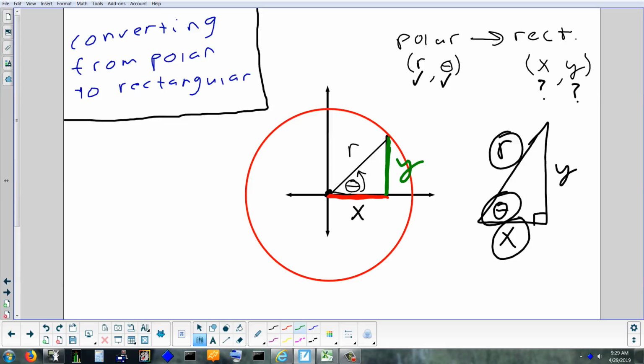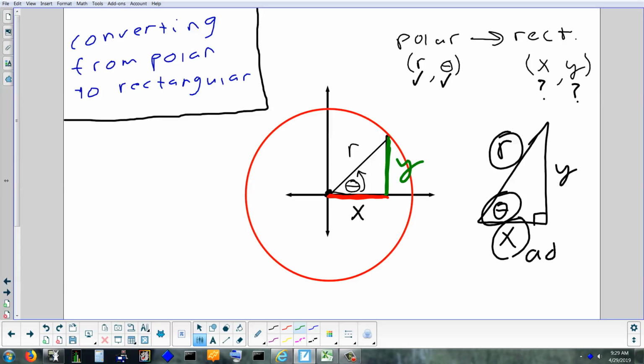It's adjacent, right? X is the side that's adjacent. It's right next to theta. Now, what about r? I know its name is r, but where is it in this triangle? It's the hypotenuse.